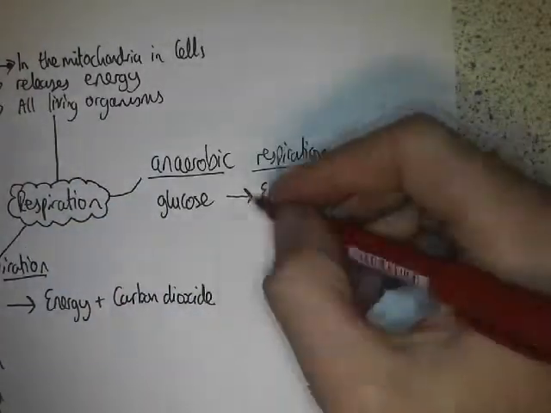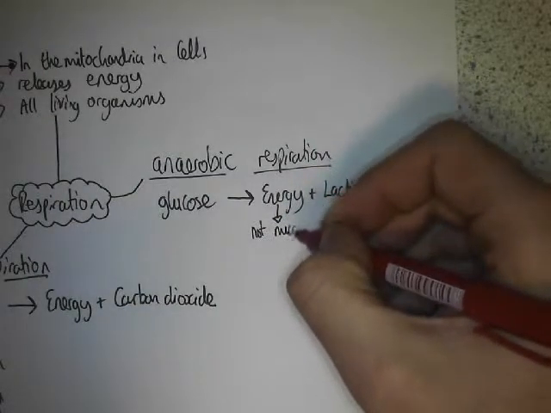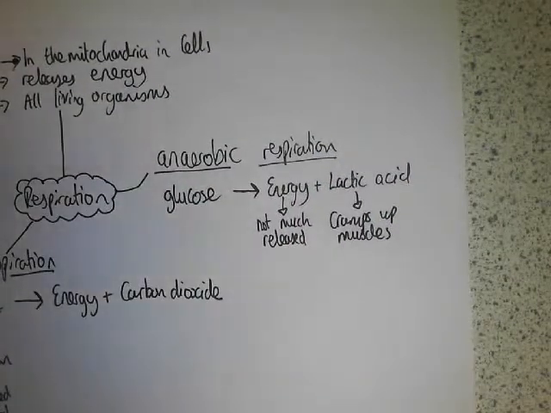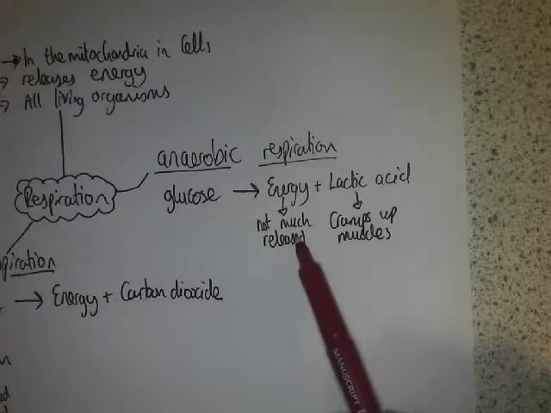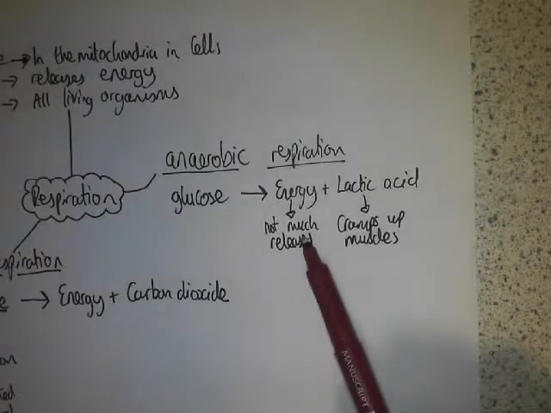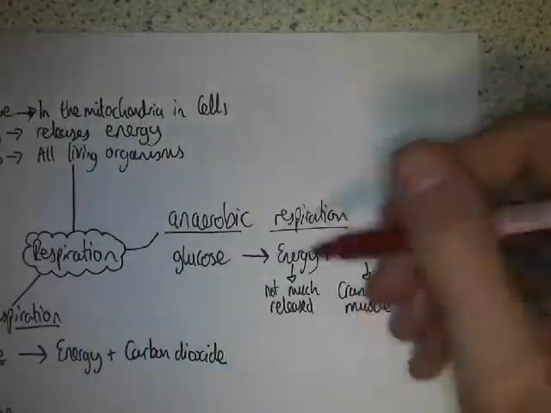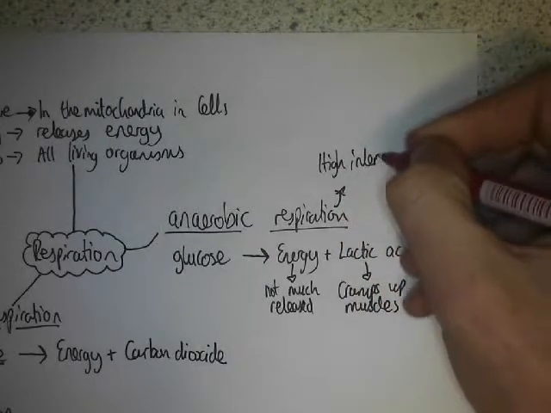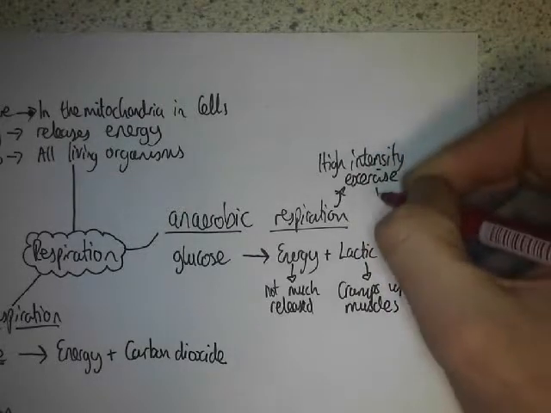Now, energy, we also need to say there's not much released. So because we're not using oxygen, we have two negative consequences of that. We haven't got much energy being released compared to aerobic respiration, and also we've got this lactic acid that's cramping up our muscles. So we also need to add here, this is for high intensity exercise, such as sprinting.